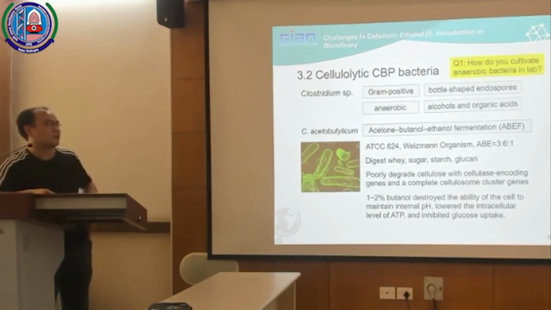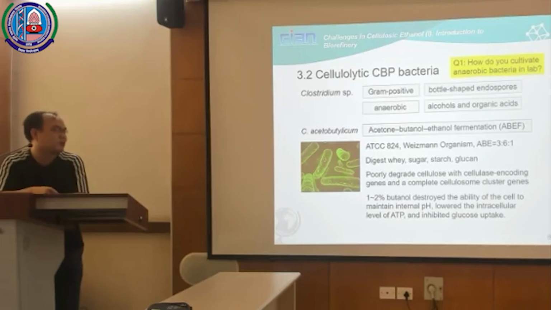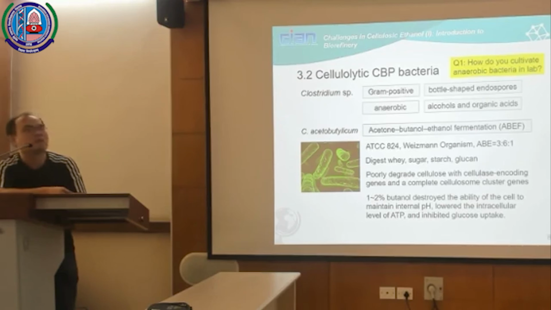It will destroy the structure of the cell membrane and disrupt the maintenance of internal pH, lowering the intracellular level of H+, and inhibits the glucose uptake. A lot of researchers are trying to improve the accumulation level of the butanol during the cultivation of this strain. My lab will also do this work.